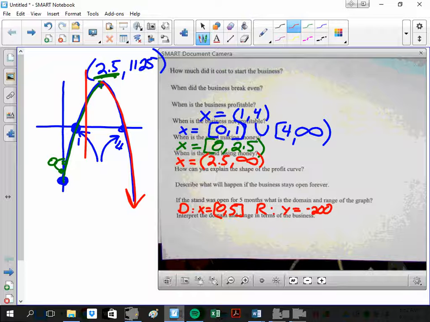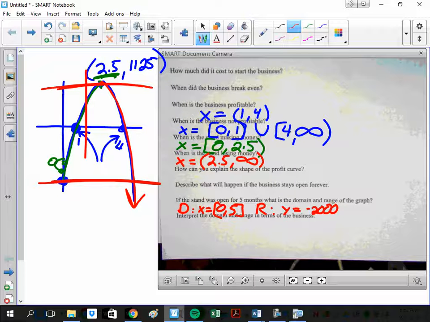That's the lowest y value. And right from here to here is the range. So from negative 2,000 up to 1125. Is negative 2,000 part of the range? Yes, there is a point that is a negative 2,000. What about 1125? Is it also part of the range? Yes, so it gets a bracket.